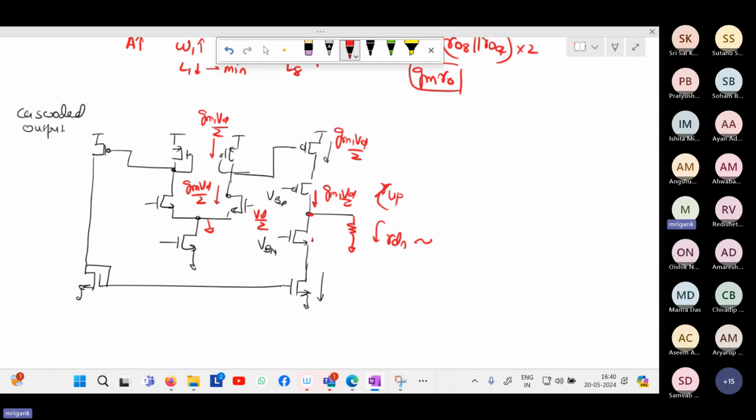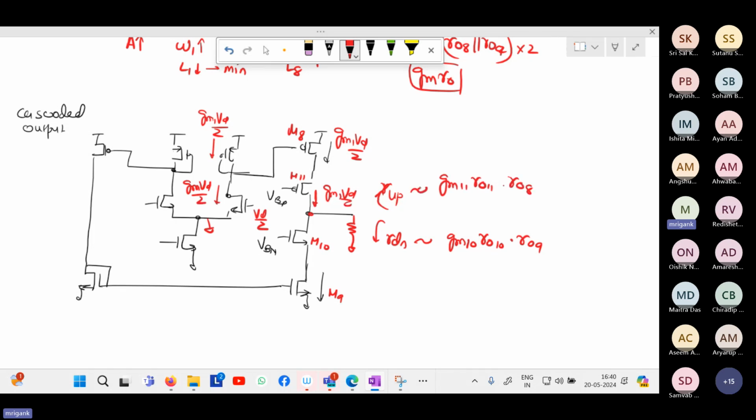So I will call it M10 and I will call this M11. This is M9 and this is M8. So R down is going to be gm10 ro10 times ro9. And R up is also gm11 ro11 times ro8 approximately.